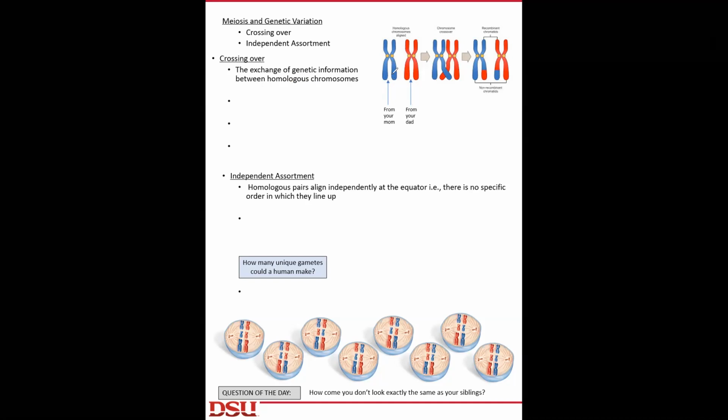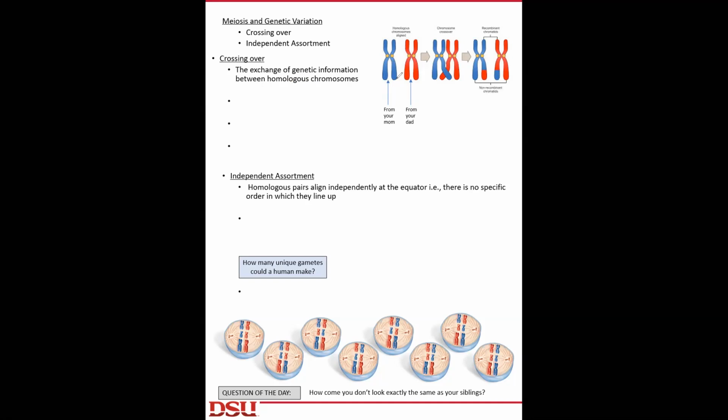So here I am in prophase 1 of meiosis 1, and this really cool thing happens where the genetic information between homologous chromosomes actually gets swapped, which you see happening here.